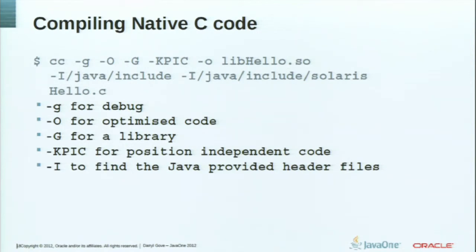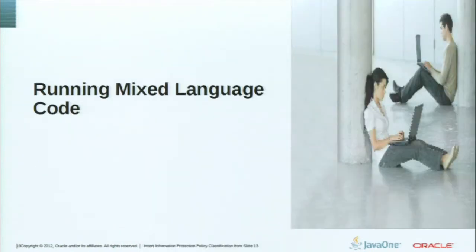That's the jni.h file. So that's going to be located in your include directory. And then I'm building on Solaris in this particular instance, so I also need to include the Solaris subdirectory there, which contains the platform-specific defines. So once I've done all that, it should build and run.